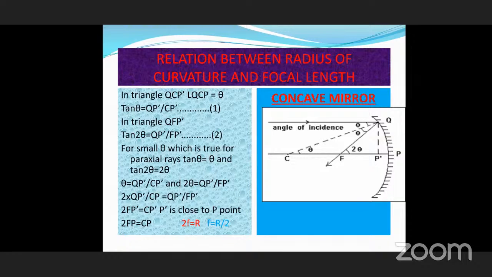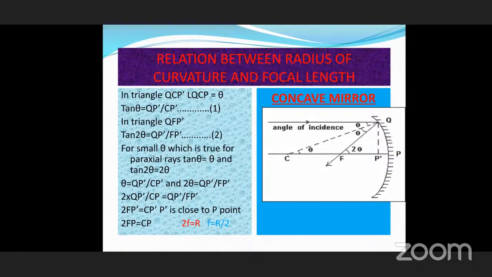So substituting those values, FP, pole to focus point, is the focal length F, and CP, pole to center of curvature distance, is equal to R. Therefore, 2F is equal to R, or F is equal to R by 2. So this is the relation between focal length and radius of curvature.